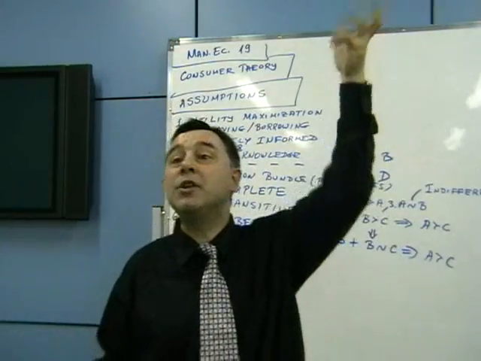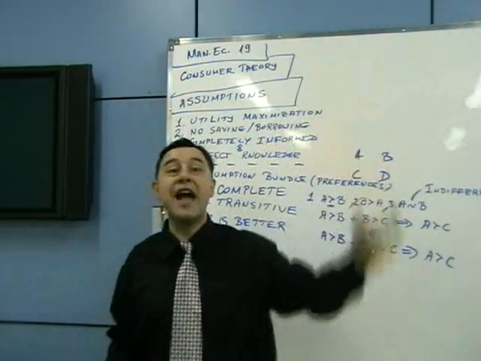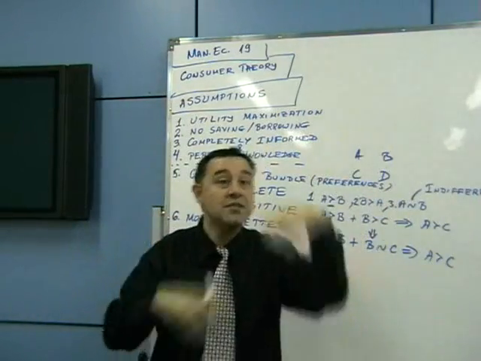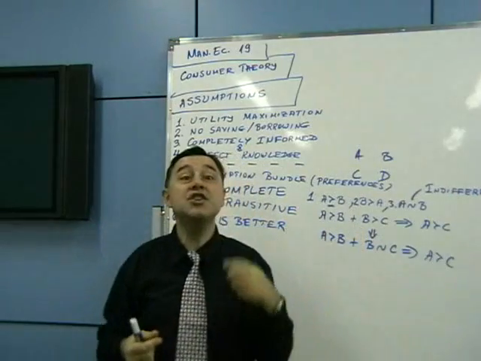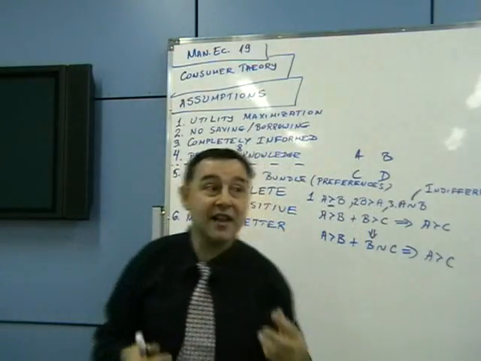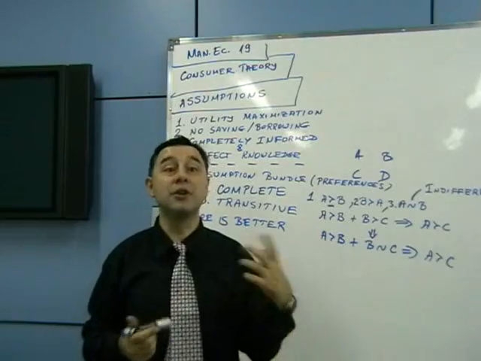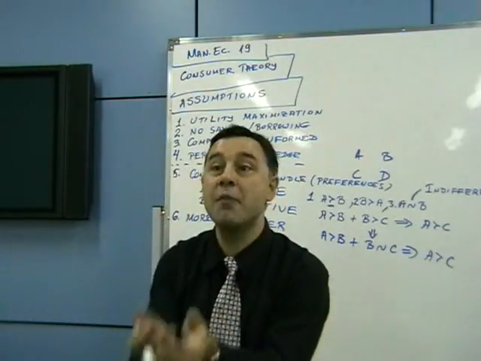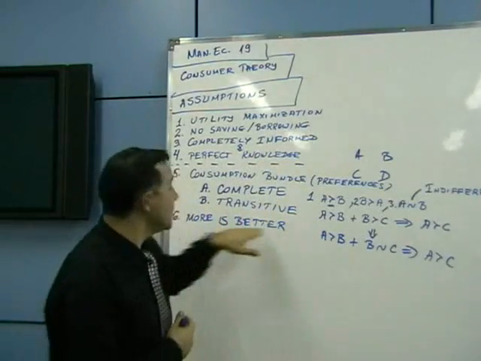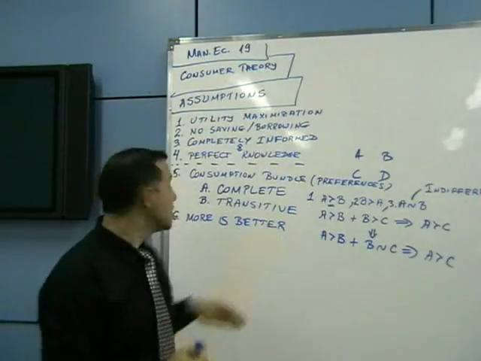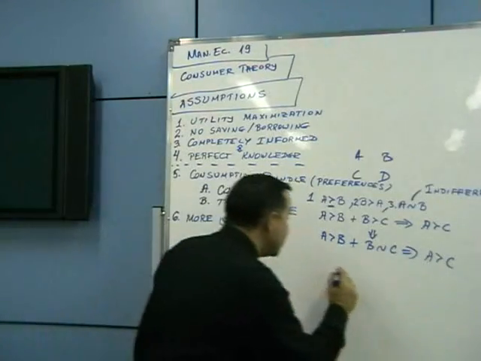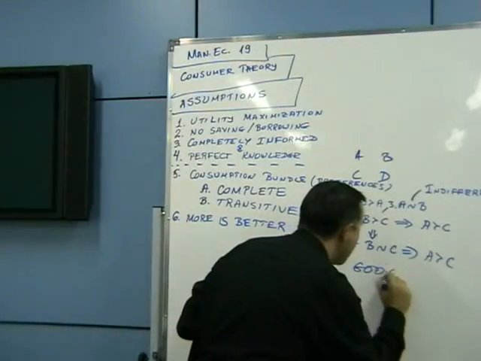Environmental pollution. When you have more dust in the air and more pollution in town, it is worse than less pollution. So pollution we call economic bad. More is worse. All right? So it's actually a definition. That's how we define economic good.